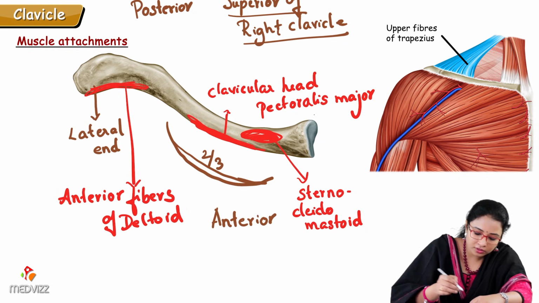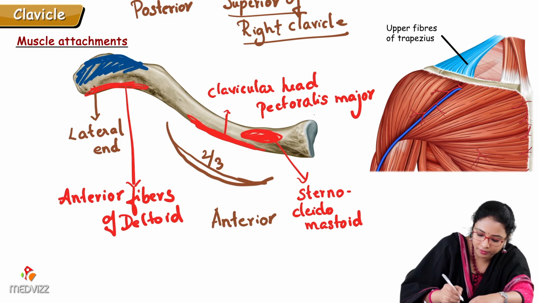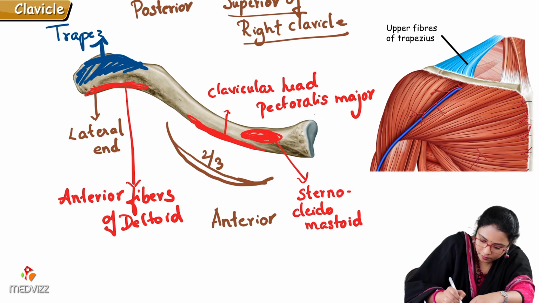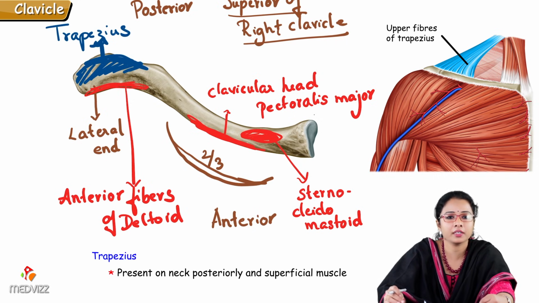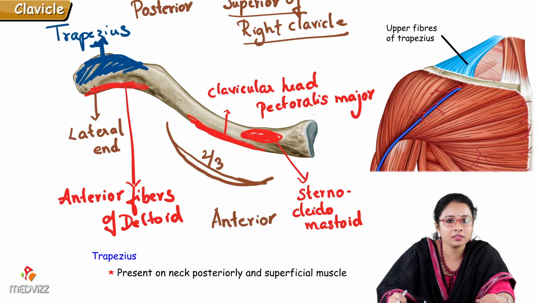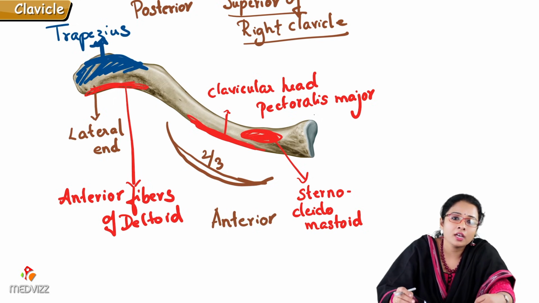So the upper fibers of the trapezius get inserted on the posterior as well as the superior surface of the lateral 1/3 of the clavicle. Trapezius is a muscle which is present on the neck posteriorly. Superficial muscle it is.